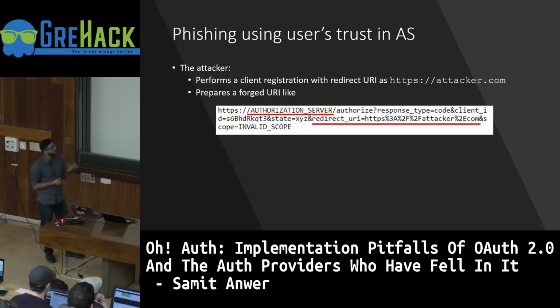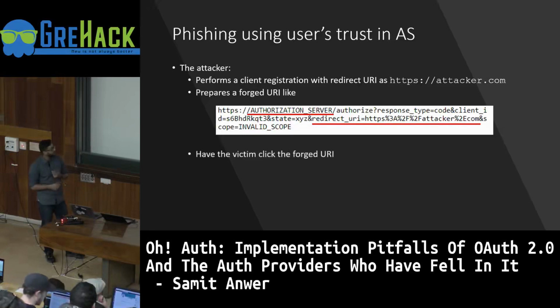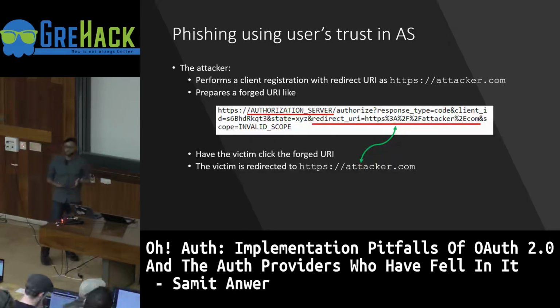So the auth server could be Google or Facebook, and once the attacker registers a particular redirect URI with Facebook or Google, he can just create this URL starting with the authorization server's domain, followed by the redirect URI of the attacker domain. And when the victim clicks on it, they will be redirected to the attacker's domain, where the attacker can create a phishing page and extract whatever details it wants.